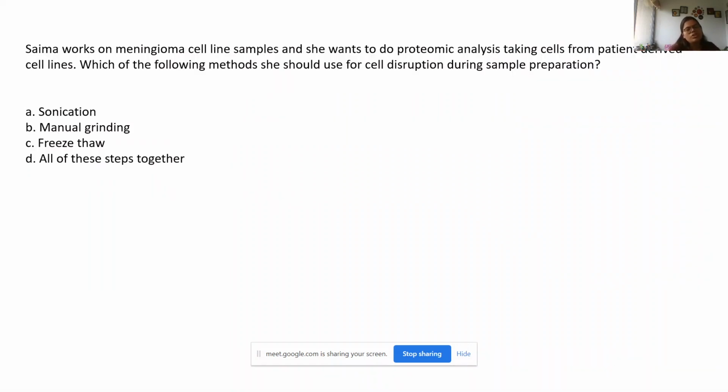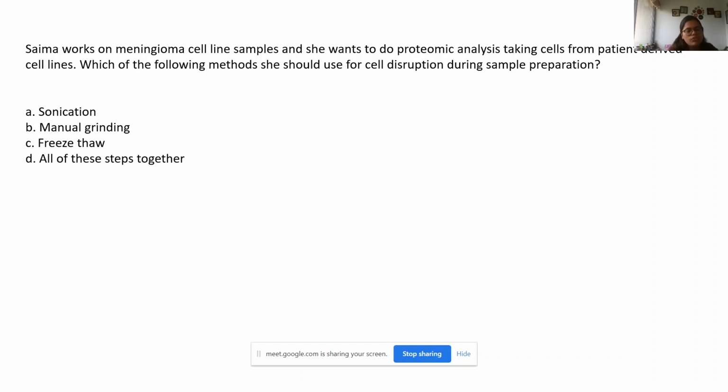So, what do you think? What is the method for cell disruption? What kind of method should be used? Freeze thaw. But we already discussed in the earlier question that freeze thaw will affect your proteins, and it might cause degradation of your proteins.